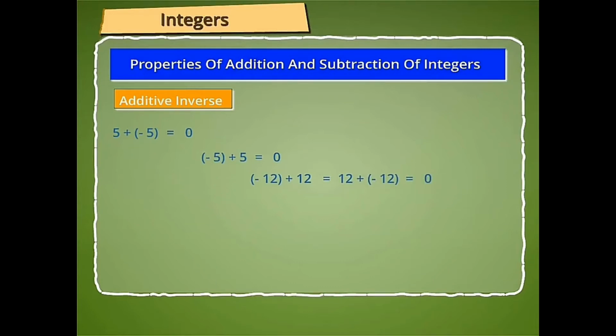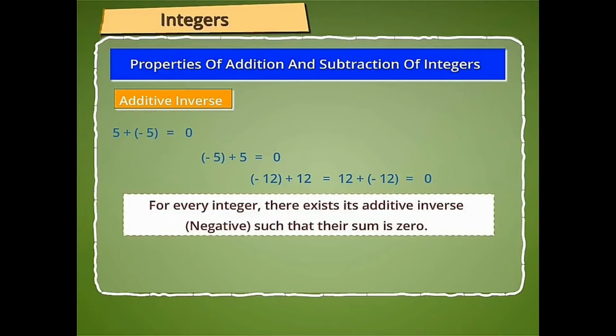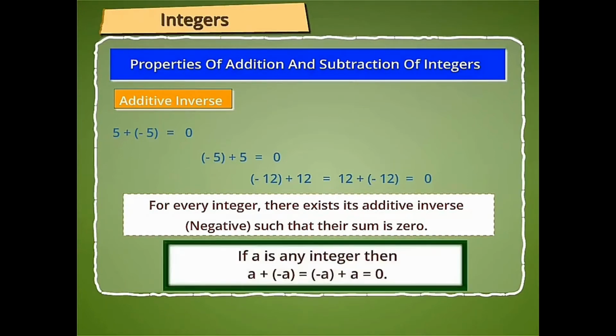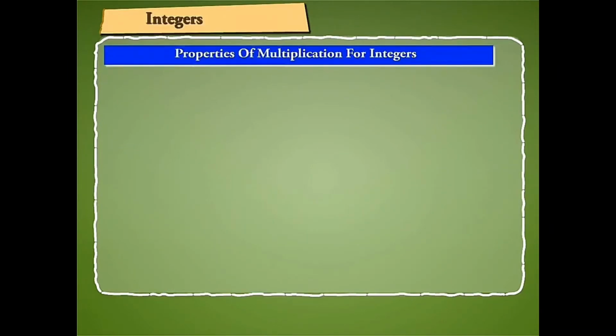From this, we observe for every integer there exists its additive inverse or negative such that their sum is 0. Hence, if a is any integer, then a plus minus a is equal to minus a plus a is equal to 0.